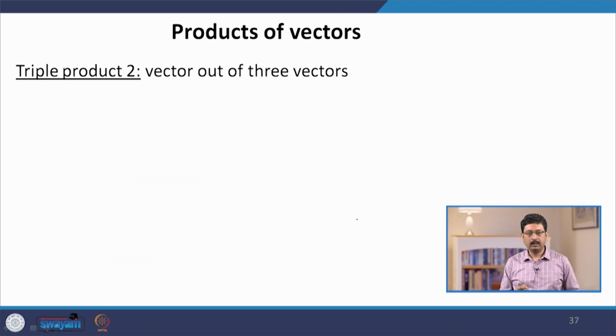So, the next question is, can I make a vector out of 3 vectors? So, the answer is yes. How?